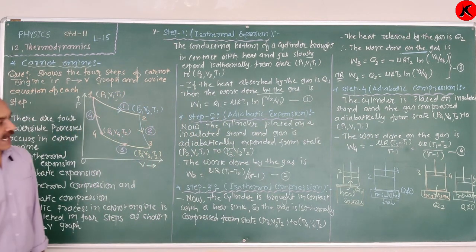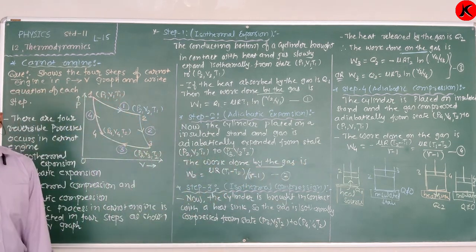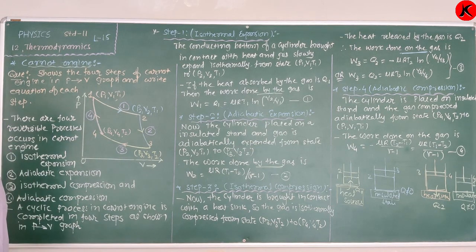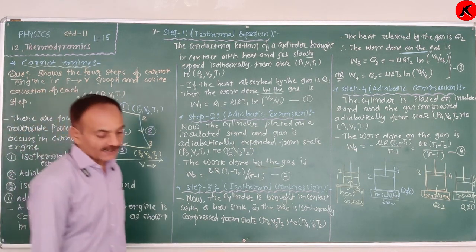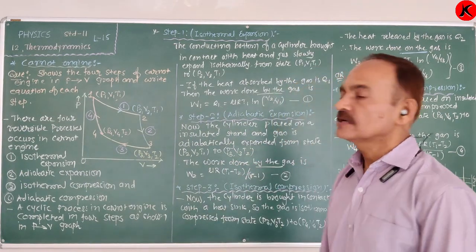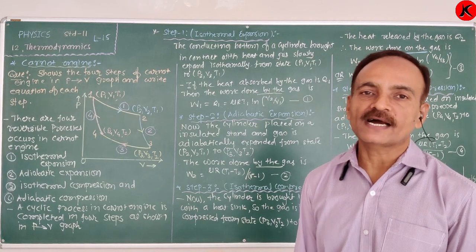Right? Now from these, equations 4 and 2 are the same. So that is the 4th step in the cyclic process of the Carnot engine, and now we are going to deal with the work done during the cyclic process of a Carnot engine.